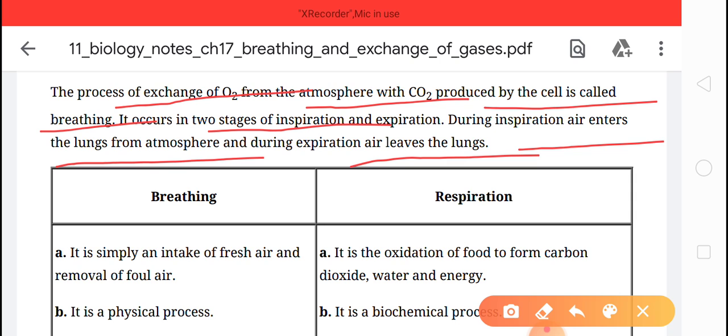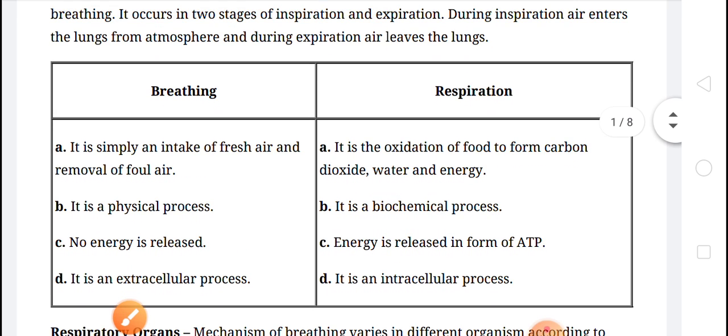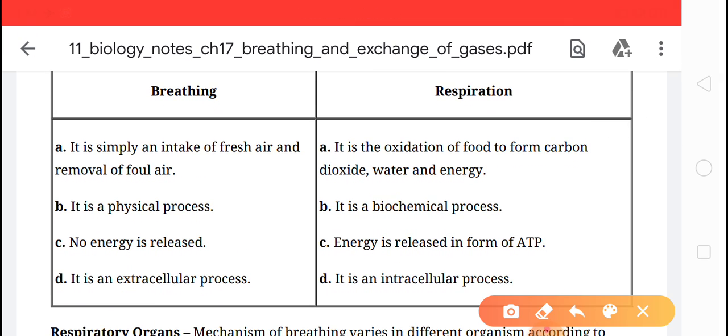Now certain people in the world think of respiration as the way we exchange gases, but respiration is completely different from breathing. So we'll take a quick look at the difference between breathing and respiration.